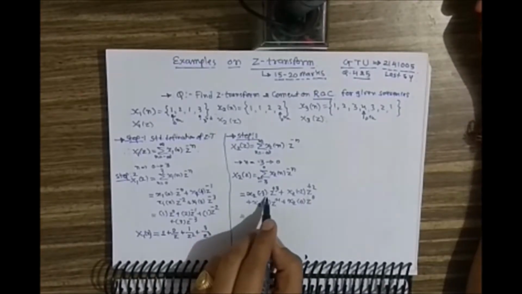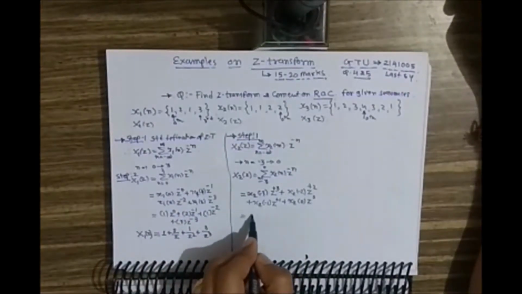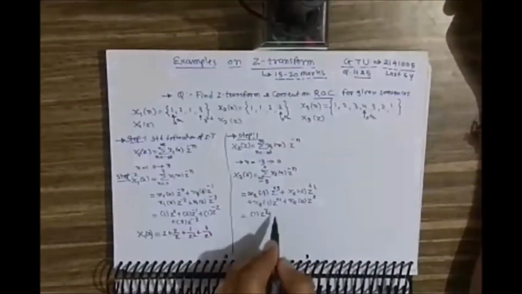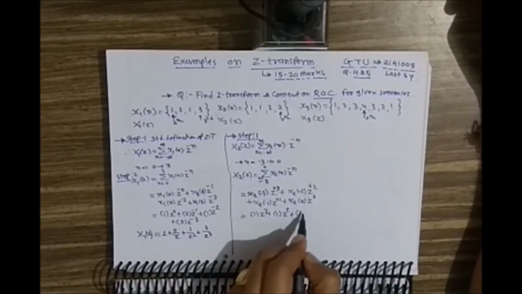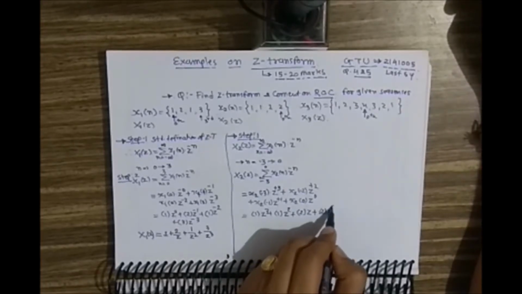Now we put x2 of minus 3. Now x2 of minus 3 is 1, so 1 into z cube plus 1 into z square plus 2 into z plus 2 into z raised to 0.